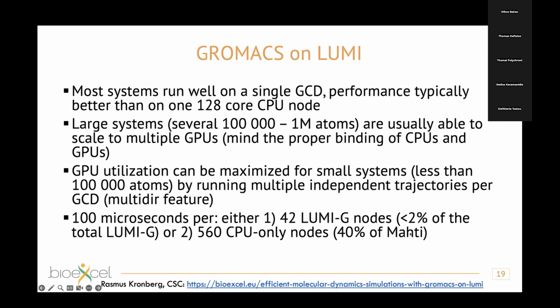Another thing that is worth noting is that running on the GPU nodes, to have a 100 microsecond simulation, you use only 2% of all of them, while if you're using only CPU nodes, then you need almost half of the partition.